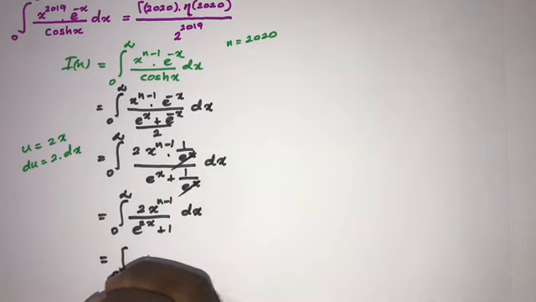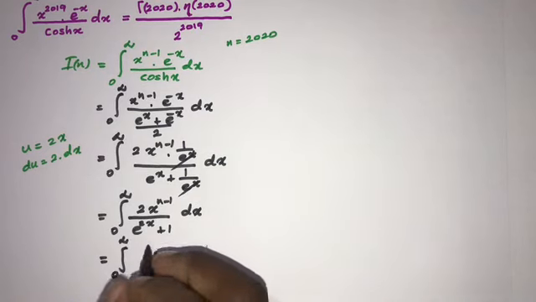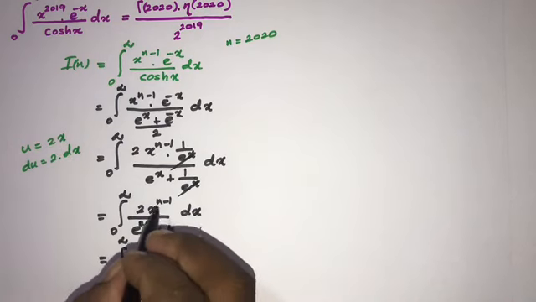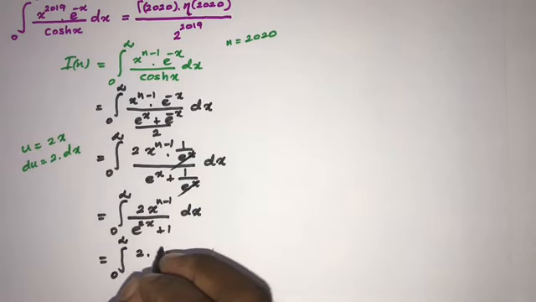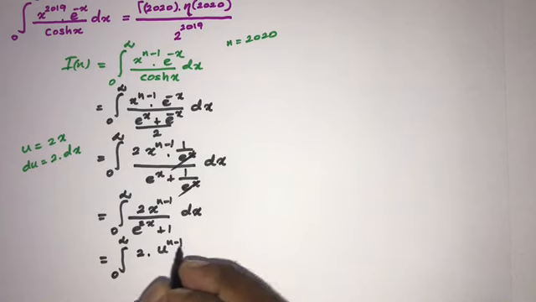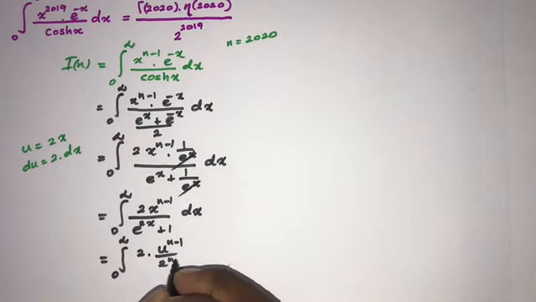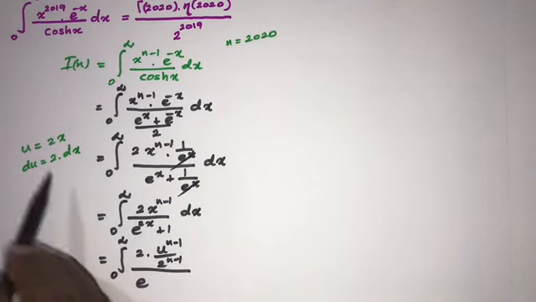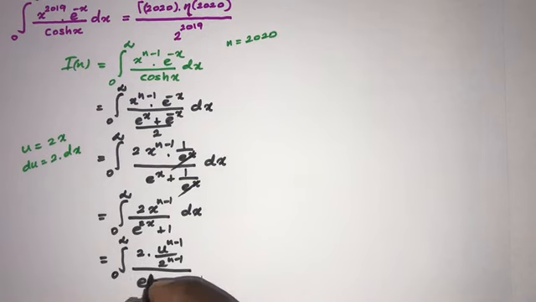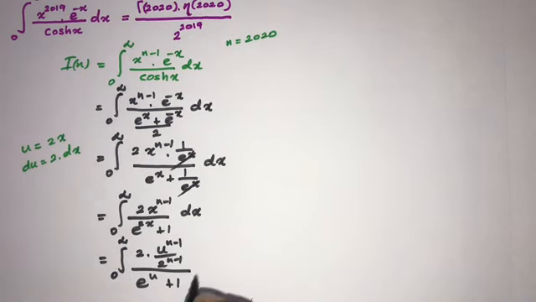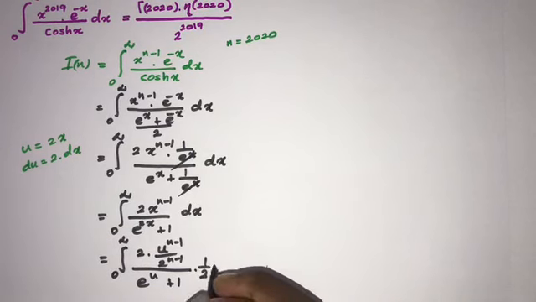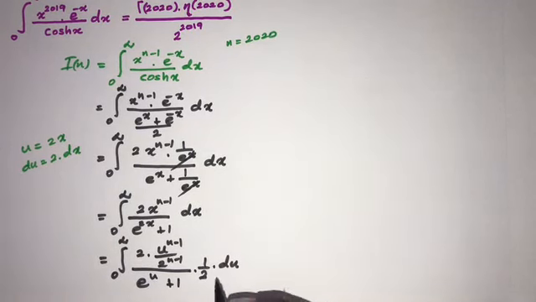Now x is equal to u over 2, raised to the n minus 1, so u to the n minus 1 over 2 to the n minus 1, over e to the u plus 1, and dx is equal to 1 over 2 times du.